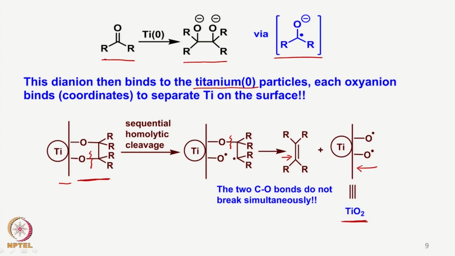This particular type of mechanism we will discuss a little bit more in detail when we talk about another reaction where we can take this dianion, which we can also trap as a 1,2 diol.